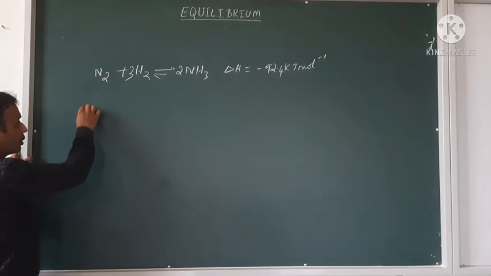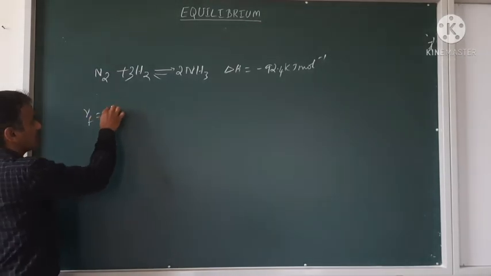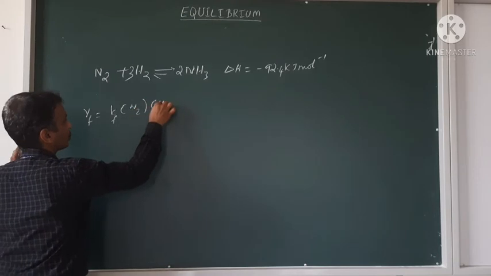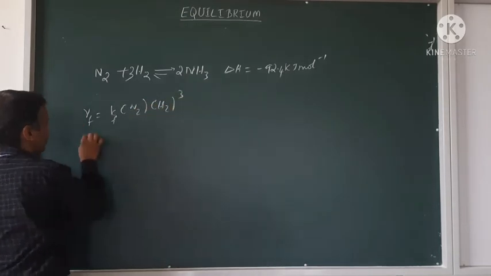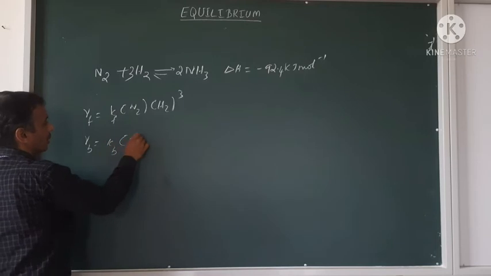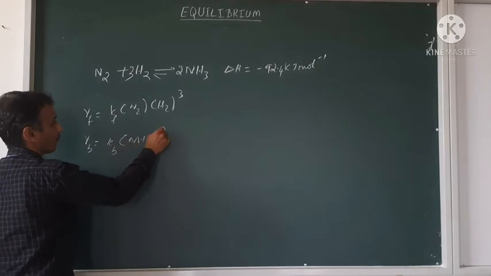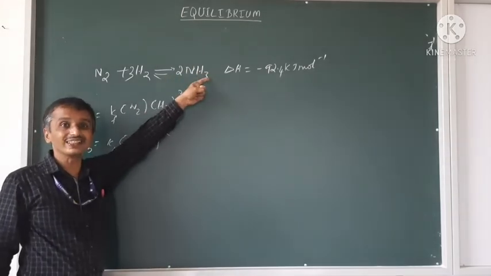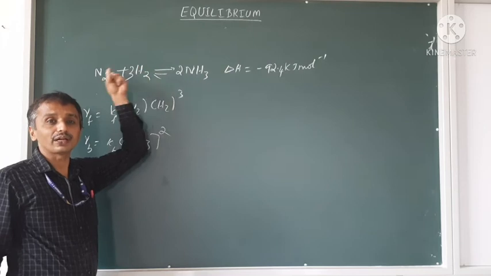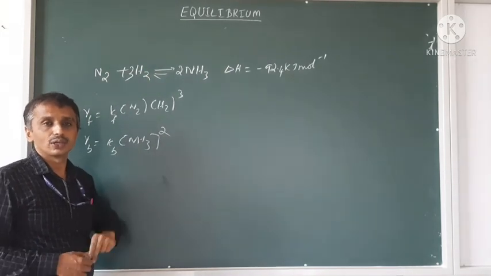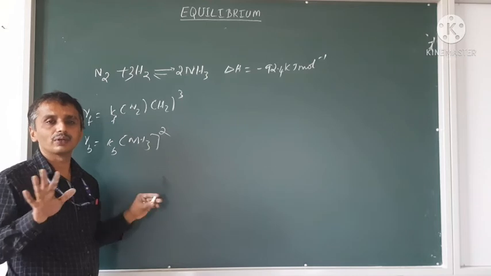See, rate of forward is K into N2 into H2 to the power 3. Rate of backward is Kb into NH3 to the power 2. How much rate in the forward is increased, that much rate will be increased in the backward, means equilibrium will not be affected.